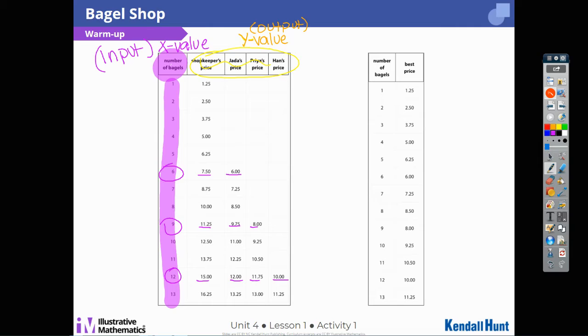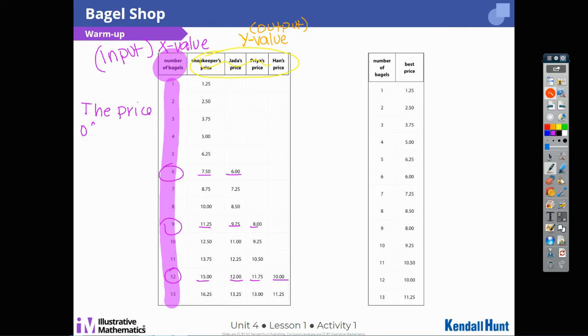So each of these sets here creates an extra output. So this is not a function. So we would say that this is not a function, okay? So over here, our output is the price of a bagel.